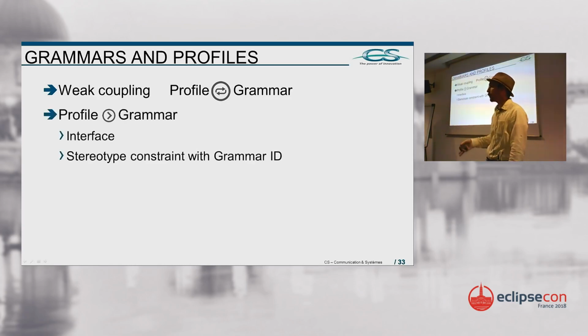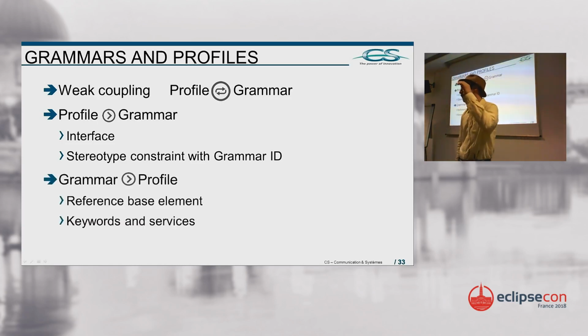So we get rid of all dependencies from profile to grammar by referencing an interface and not the grammar root element. And we add stereotype constraints, which tell, okay, when I want to express the existence condition, I can use a Boolean expression with this grammar ID. And the link is performed only with the ID.